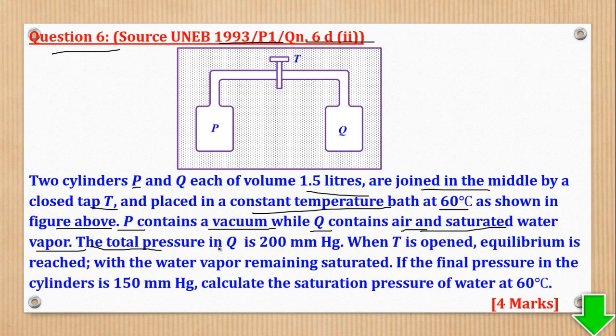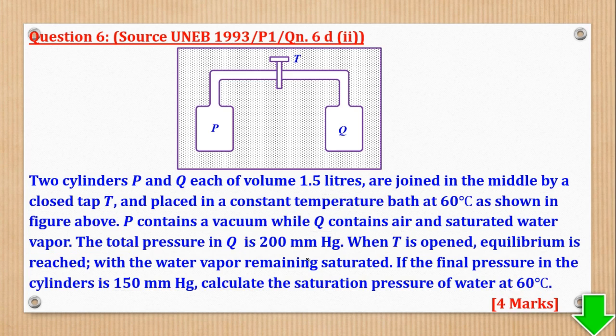The total pressure in Q is 200 millimeters of mercury. When T is opened, equilibrium is reached with the water vapor remaining saturated. If the final pressure in the cylinders is 150 millimeters of mercury, calculate the saturated vapor pressure of water at 60 degrees Celsius.